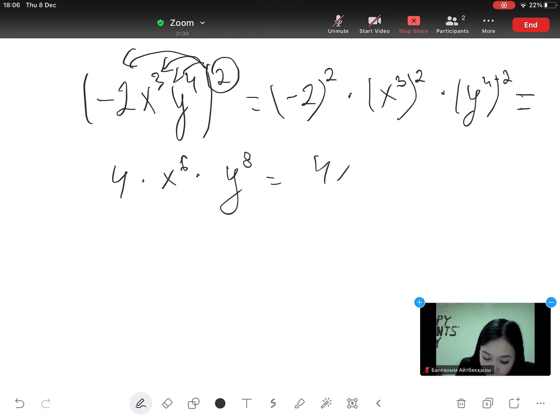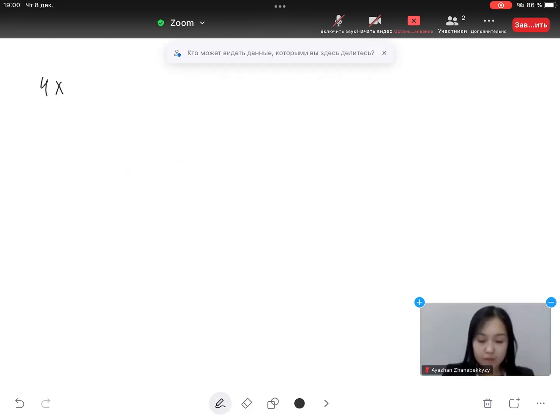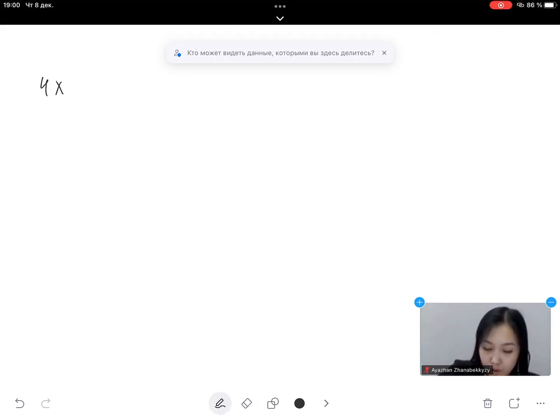So it equals 4x to the power of 6 y to the power of 8. Okay, next example. 4x to the power of 4 multiplied by x to the power of 6 equals 4x to the power of 4 plus 6, which equals 4x to the power of 10.